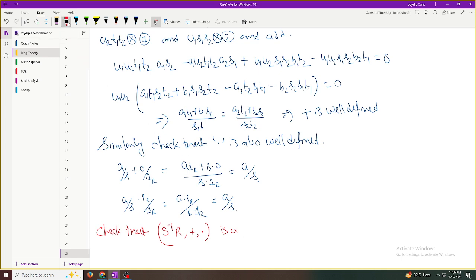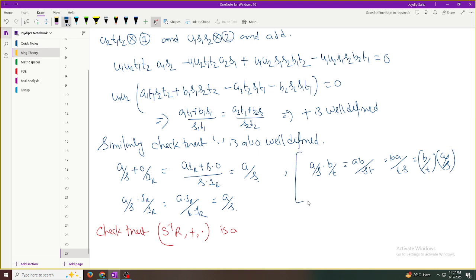Also, a by s into b by t equals ab by st, which equals ba by ts, equals b by t into a by s, so it is a commutative ring.